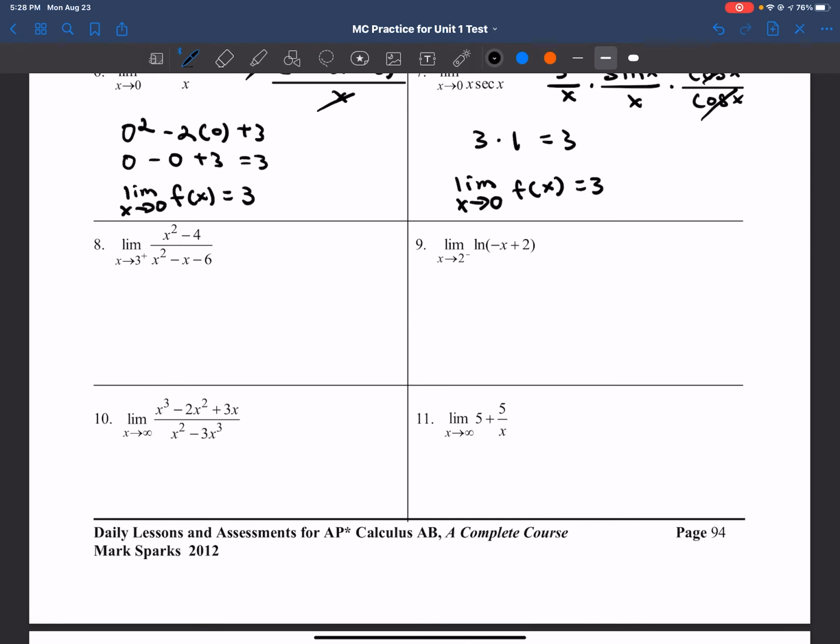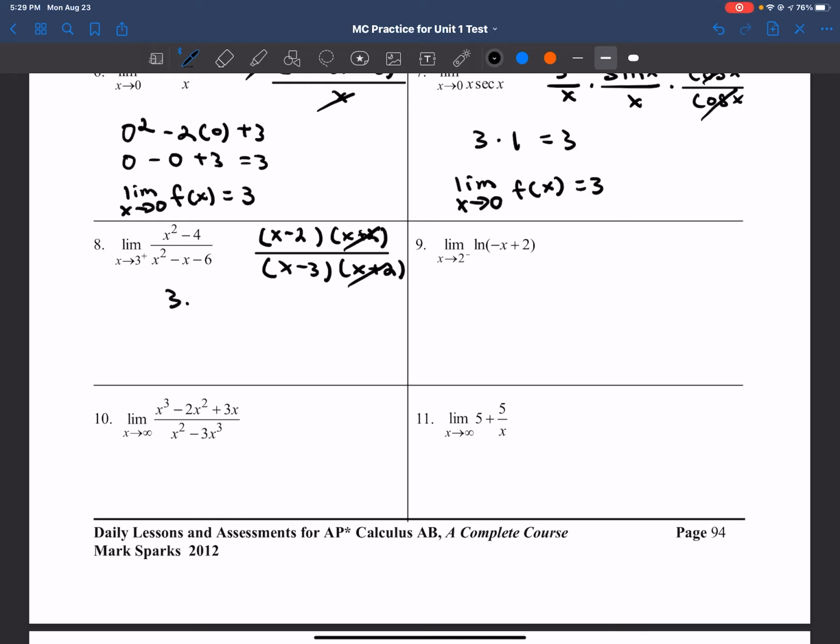For number 8, we could factor out the numerator as x minus 2 and x plus 2, and the denominator, x minus 3 and x plus 2. We could cancel out the x plus 2's. And now we just plug in a value that's greater than 3. So we could use 3.1.